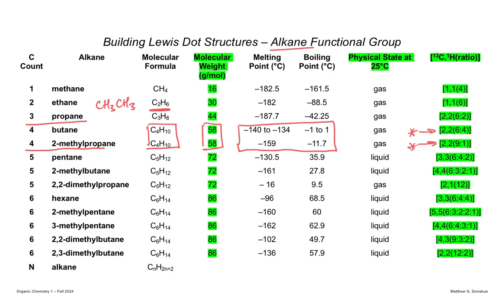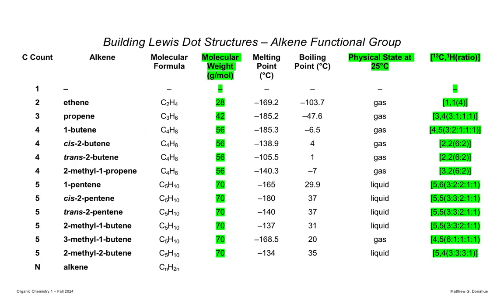So those are alkanes. These are now alkenes. There's no C1 alkene. You have to have at least 2 carbons. Once we get past 3, notice with 4, there are 3 constitutional isomers of C4H8.